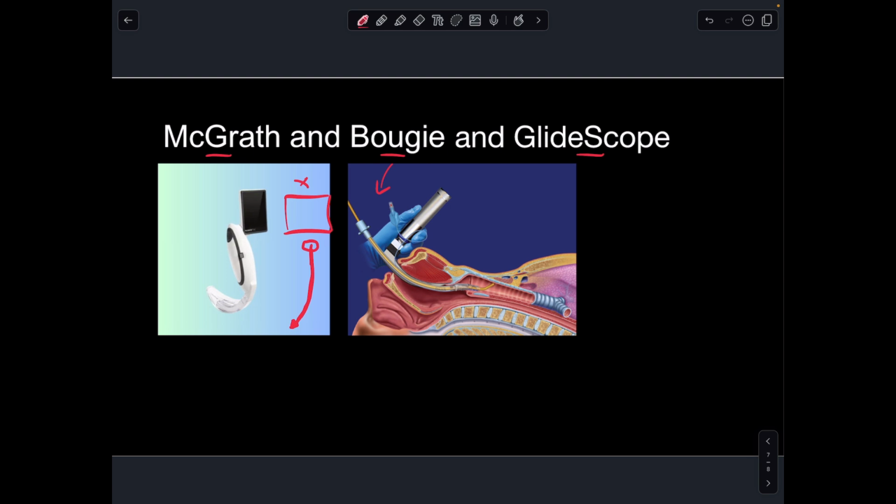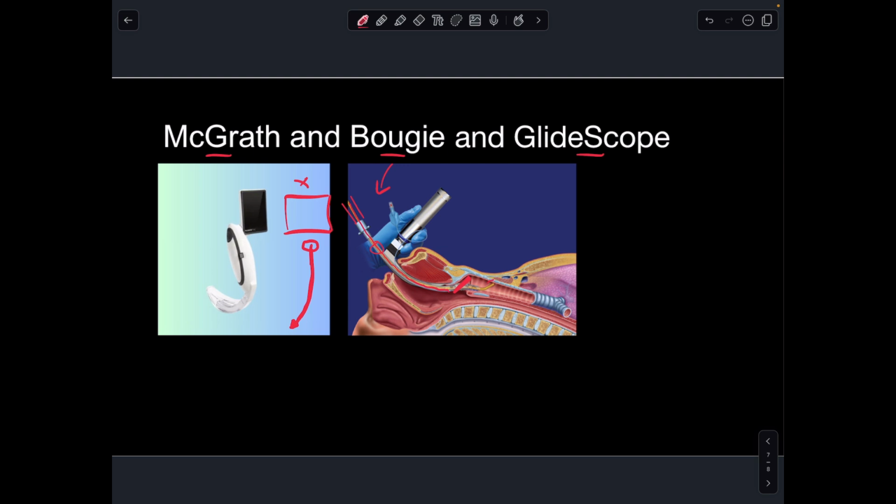A bougie is not a video laryngoscopy tool. It's actually just this yellow portion here without the endotracheal tube. Say you're having difficulty intubating the patient. Well, you take this bougie and pass it down through the oropharynx until you see, say, the epiglottis is hanging like this.